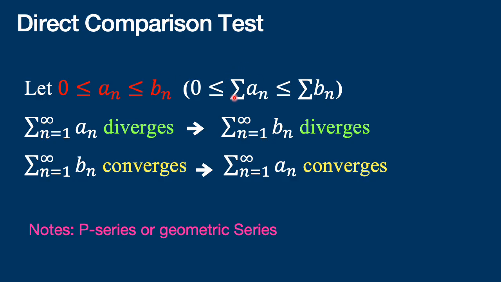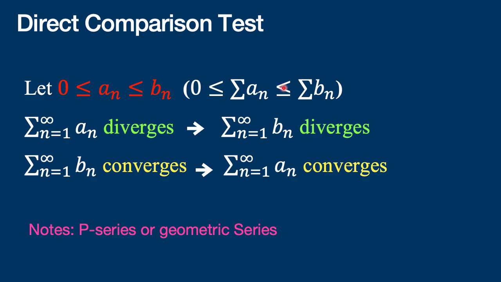Thinking about all of them, you add all the terms of the sequence a_n, which is of course less than or equal to adding all the terms of b_n. Another way to say it: the series of a_n is always less than or equal to the series of b_n. So if the first infinite series diverges, meaning it is increasing without bound, then of course the series of b_n diverges because the series of b_n is always greater than or equal to the series of a_n.